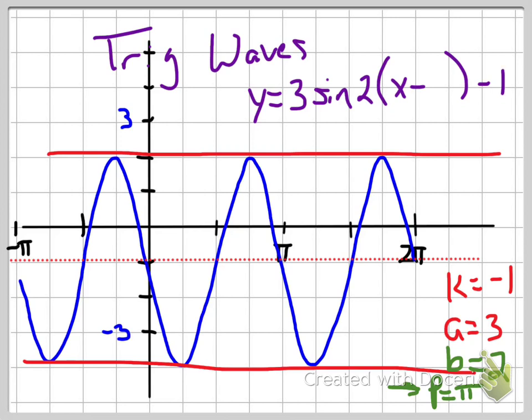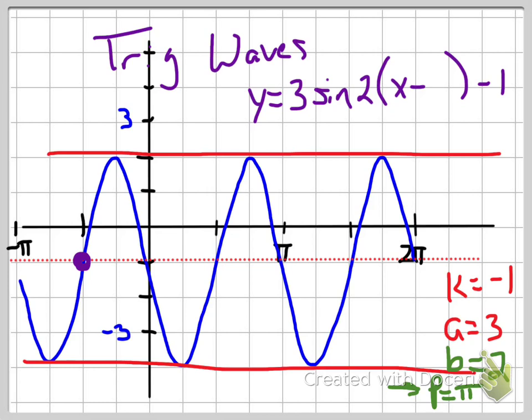My midline is -1. If I have a positive sine graph, that means I'm starting either here or here or here. Those are all spots on my midline where it is going up. That is a positive sine. So whichever point I pick of those, and I'll pick that one for right now.